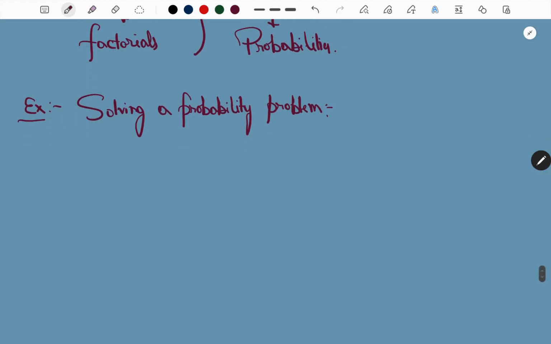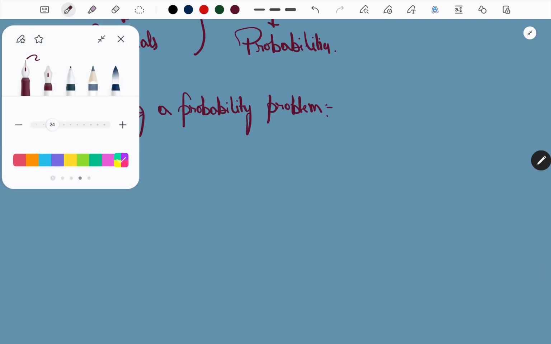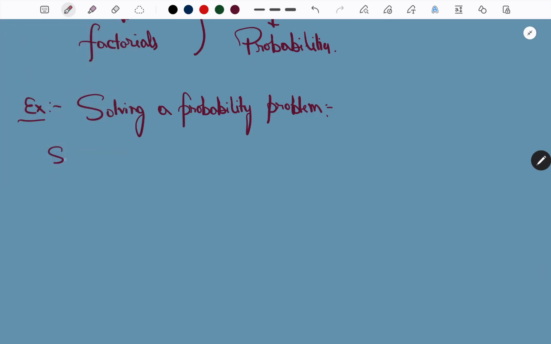The question says, suppose you have a biased coin and you want to find the probability.